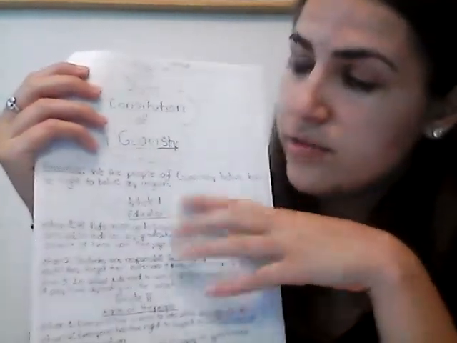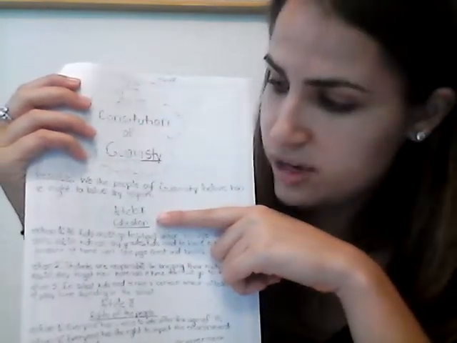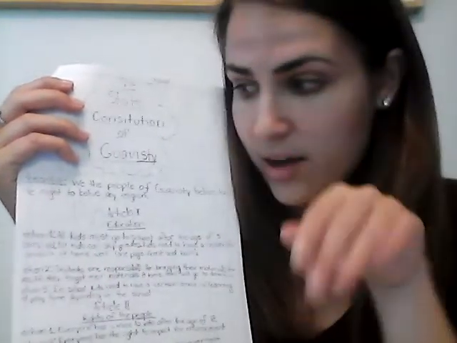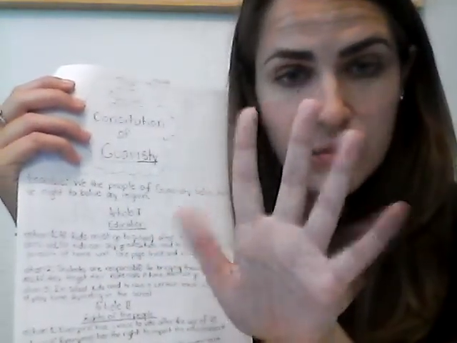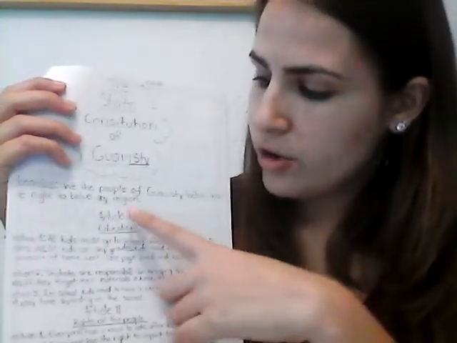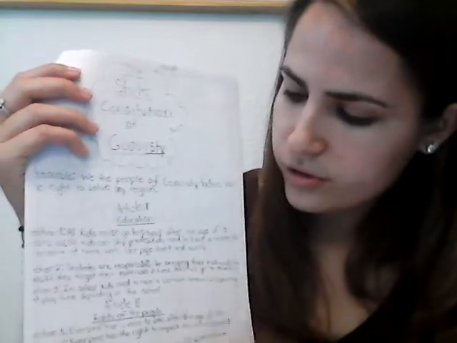And for this group, Article 1 was about education. You'll notice that they have 3 sections. The requirement for you is that you have 5 articles with 3 sections each. And this is what this group has done. Article 1 is about education. They have 3 sections. Article 2 is about the rights of the people.